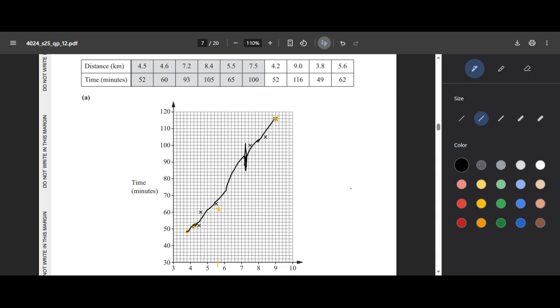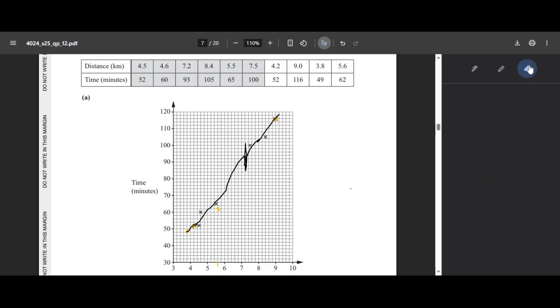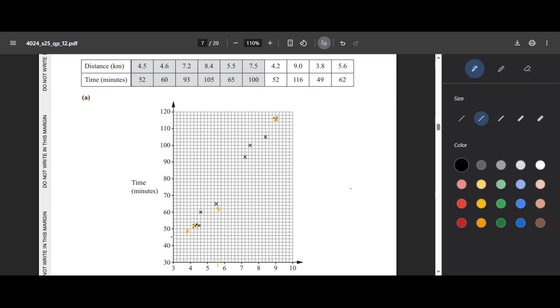Sorry, I would like to erase this. Now from here, go to the last point. Go to the last point.